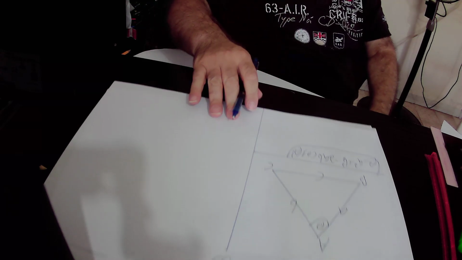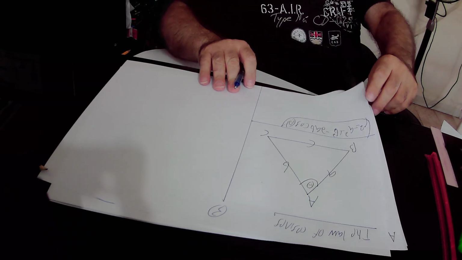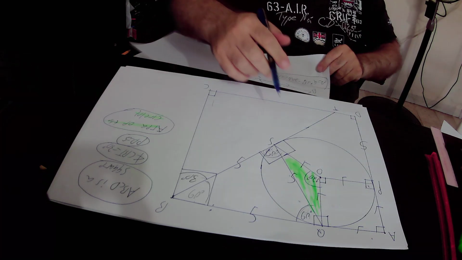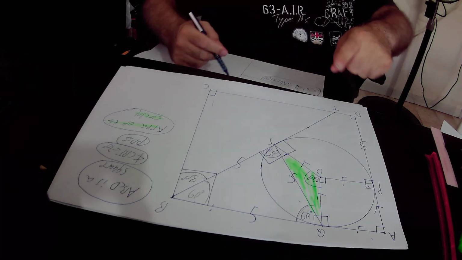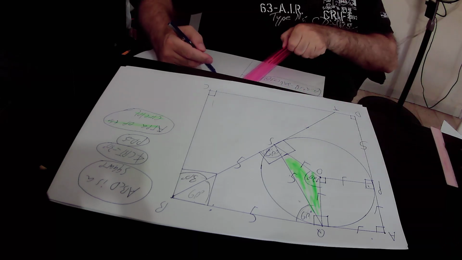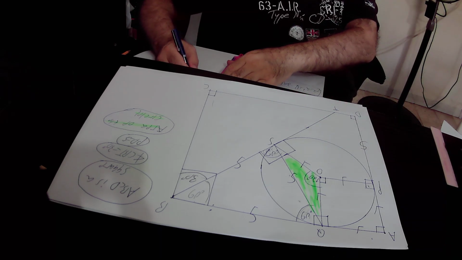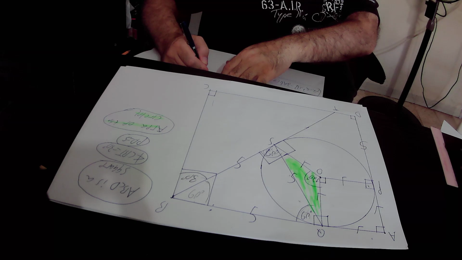Okay. Now we will implement the law of cosines in the green triangle, triangle QOS. So I will copy triangle QOS in the new page and we will implement the law of cosines in this triangle.